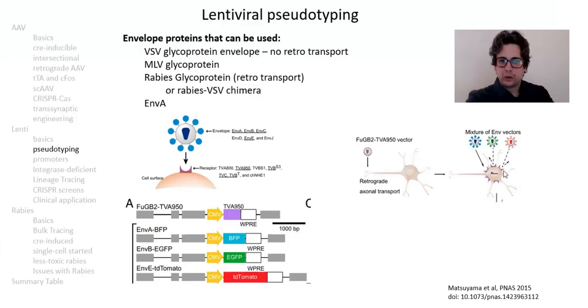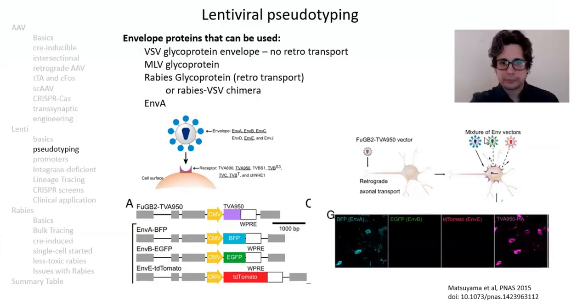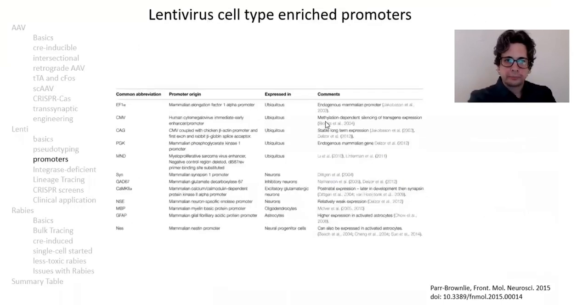Then in that nucleus, they mix up these vectors expressing lentiviruses that each has a different ENV-A-coded construct. And you can see here that you see zero expression of the ENV-B or ENV-E, but pretty robust expression of the ENV-A. So this is actually one of the cleanest ways you can get very specific infection. So, you know, this is a goodie.